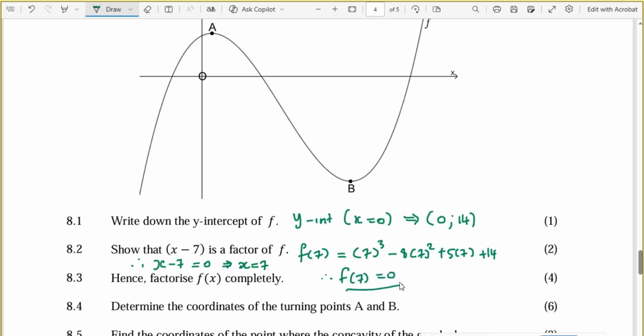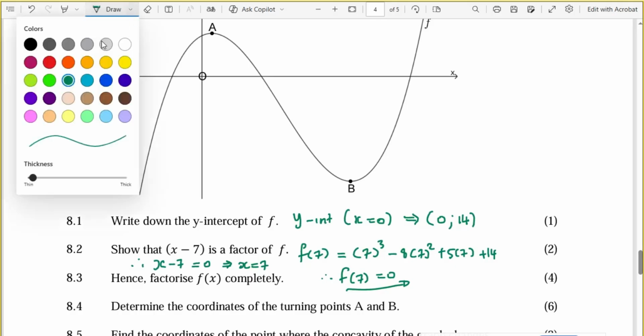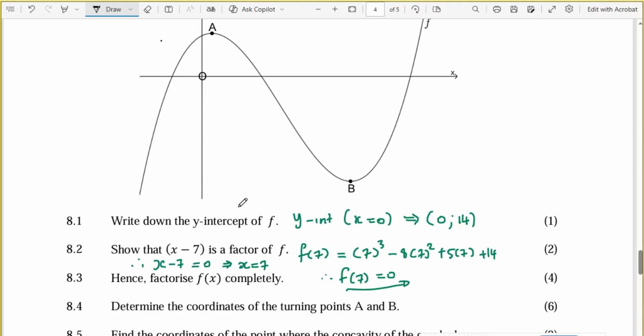Since it's 0, we can say it's a factor. You understand? Did you verify that using your calculator? Yes, it is 0, so it is a factor. Okay, no problem. Let's go to the next question.